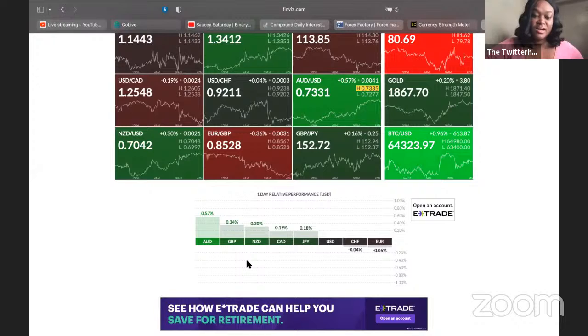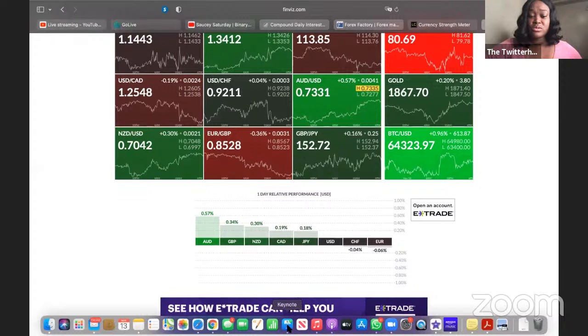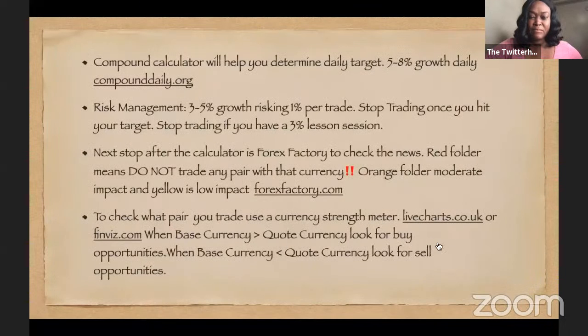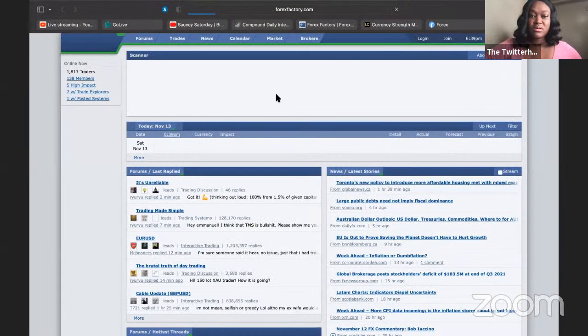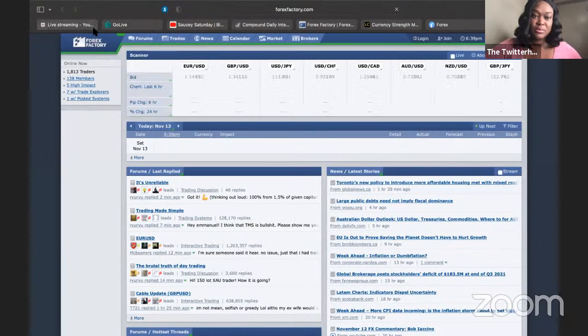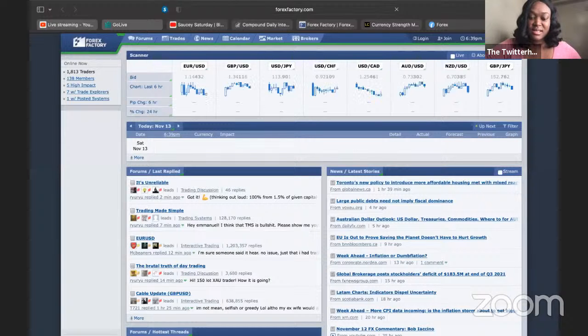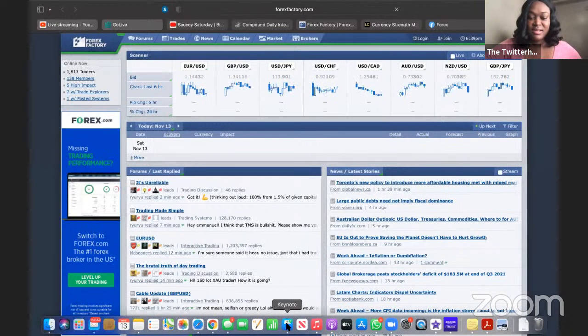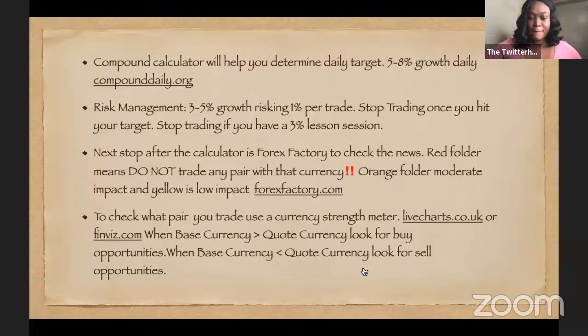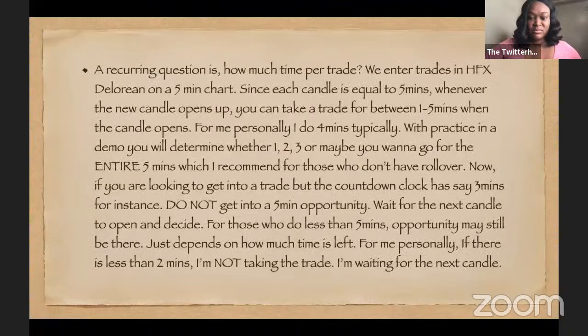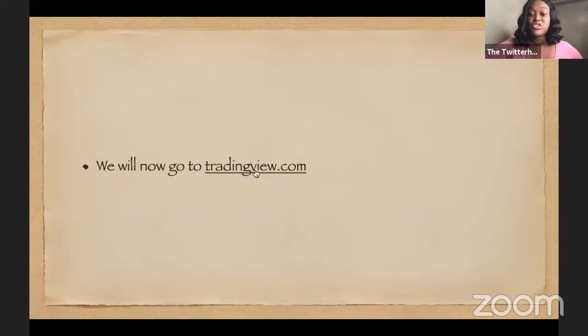Okay. All right. So once we know that, then we're going to take a look at TradingView. Once we know what pairs we want to look at, then we want to go to TradingView.